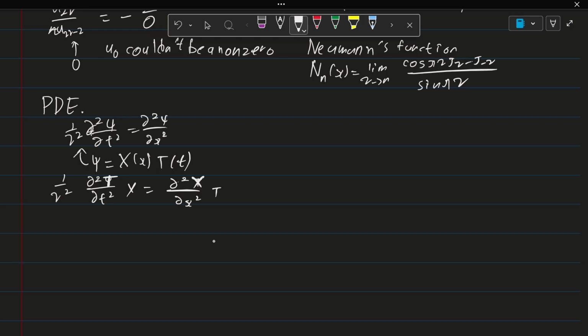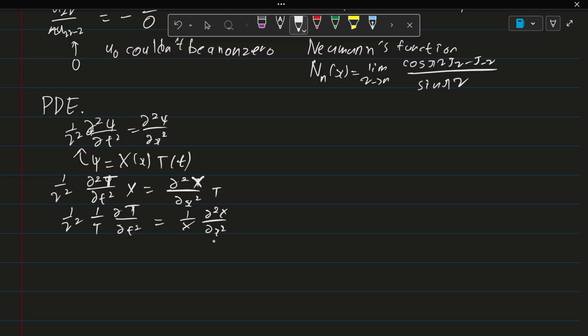Now if you divide both sides by XT, you would get (1/v²)(1/T) ∂²T/∂t² equal to (1/X) ∂²X/∂x². Now here's something that I want you to realize.